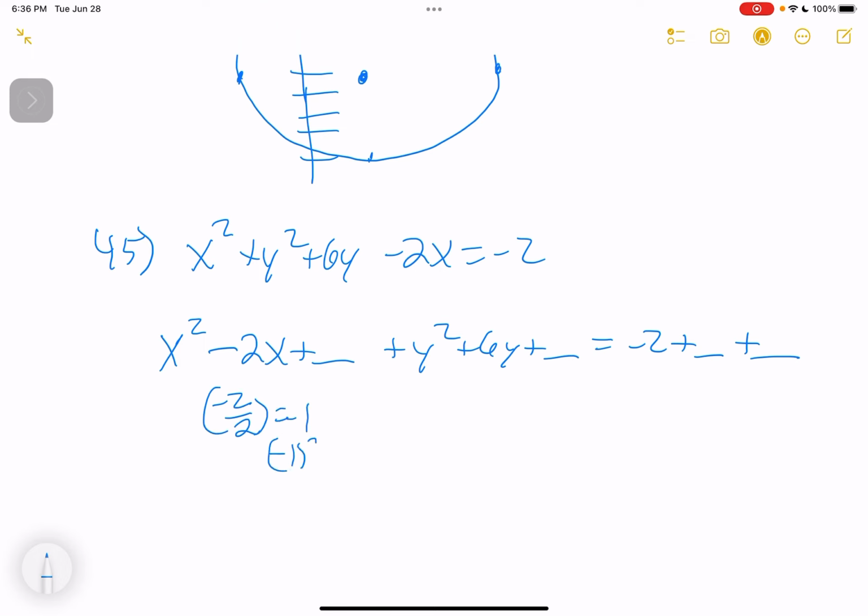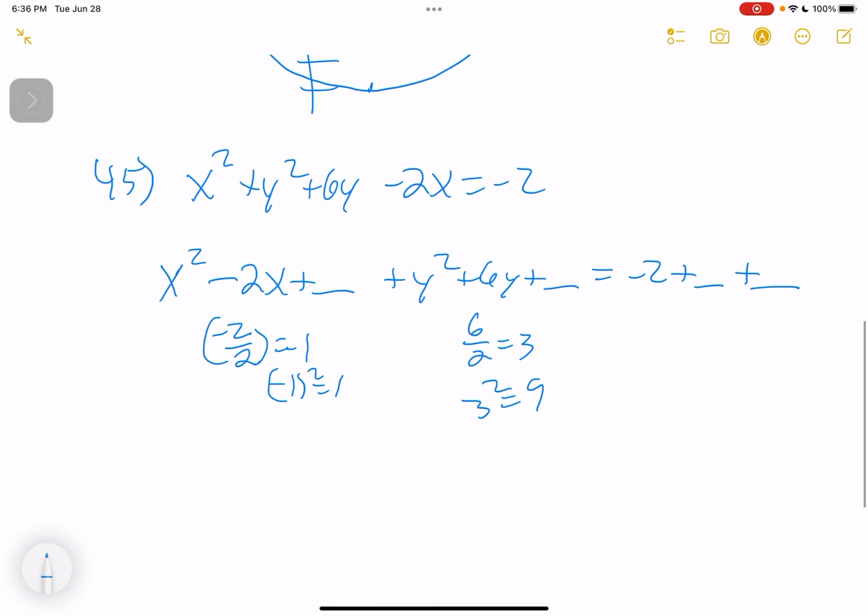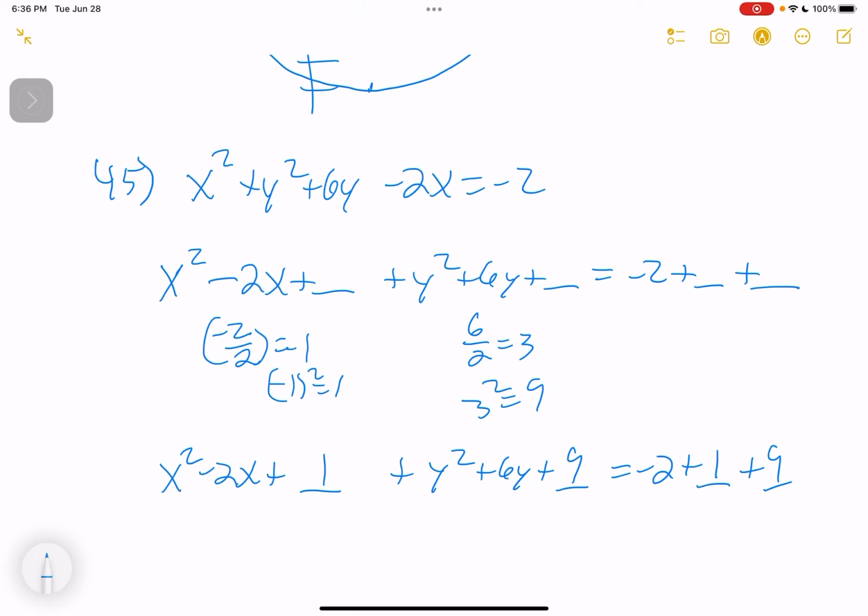Negative 1 squared is 1. And then we take this 6, divide by 2, we get a 3. 3 squared is 9. So we end up with x squared minus 2x plus the 1 plus y squared plus 6y plus the 9 equals negative 2 plus 1 plus 9.